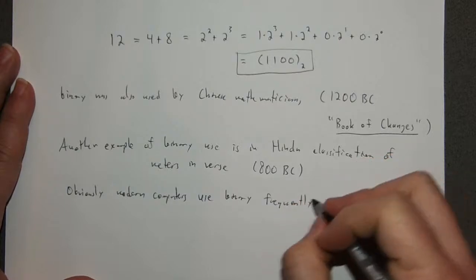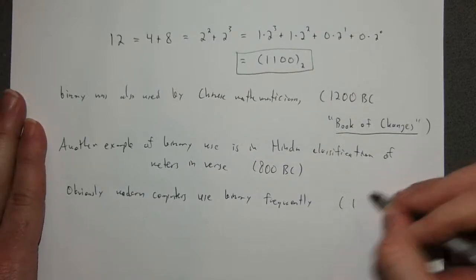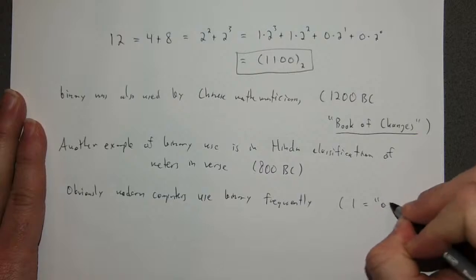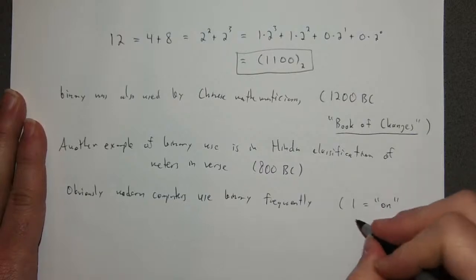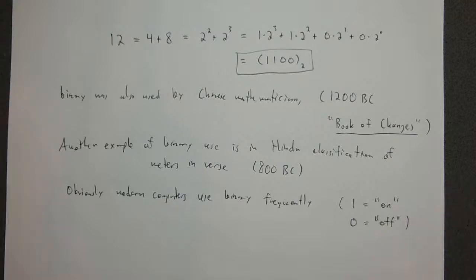Frequently is a pretty ridiculous way of characterizing it, since binary is the thing that powers computers, because the idea is that one is on, and zero is off. One is on, so current. Zero is off, which is absence of current.